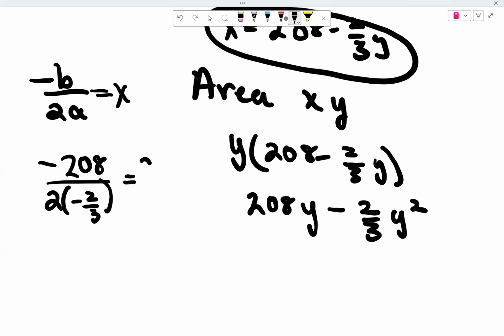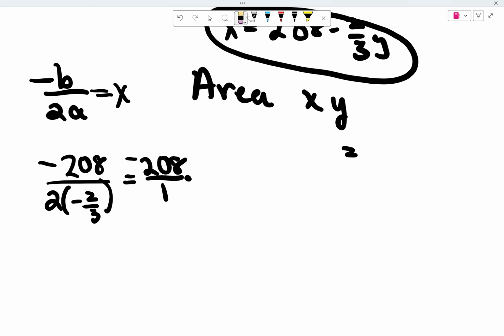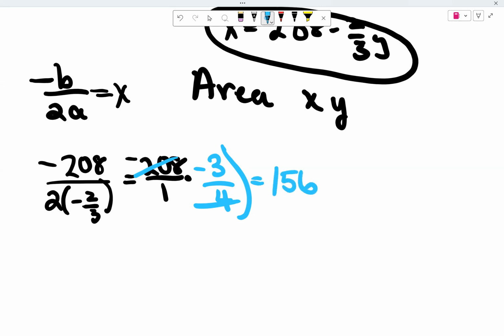That equals negative 208 over 1 times, if I do keep change flip, negative 4/3, so it'll be now 3 over 4. Negative 3 over 4. The negatives will cancel. 4 goes into 208, and then times 3, 156. So this answer is 156.